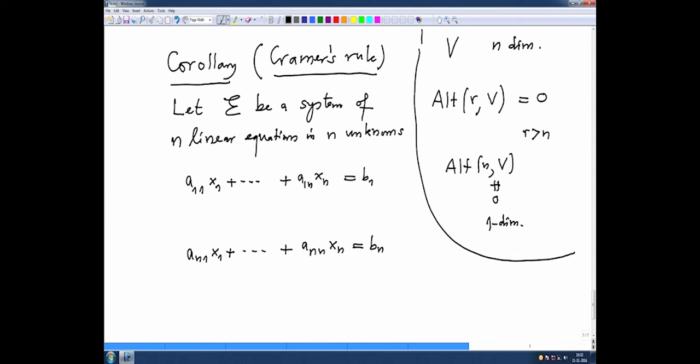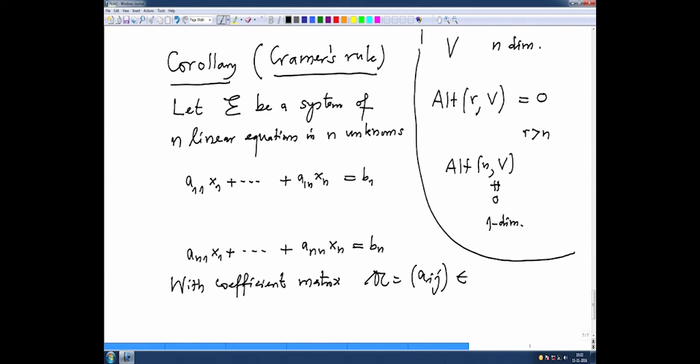So the coefficient matrix is A, which we denote Aij.